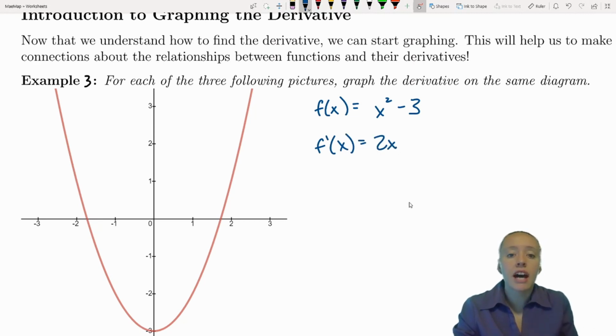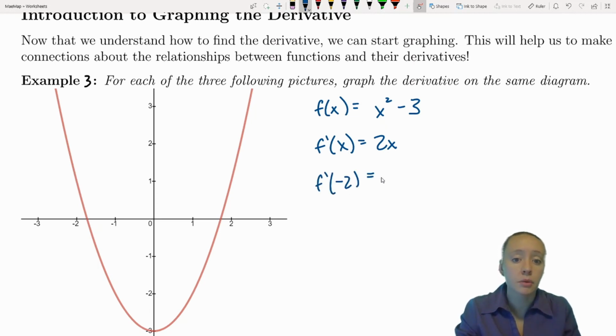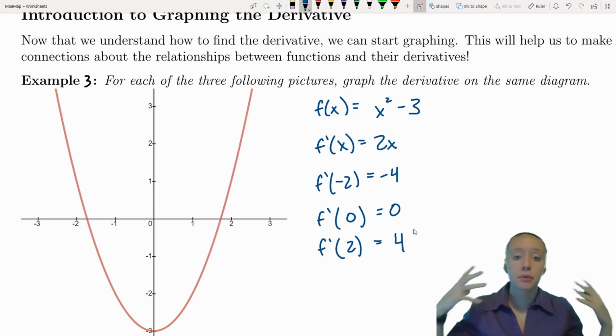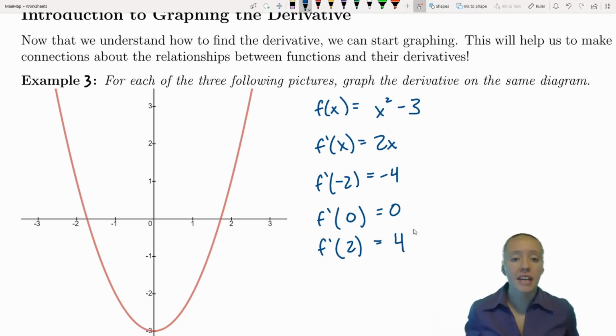We found the derivative at a couple different points: at -2 it was -4, at 0 it was 0, and at 2 it was equal to 4. Again, this is all from example 1 up above, where we calculated the derivative of x squared minus 3 and found the derivative at a couple different points.